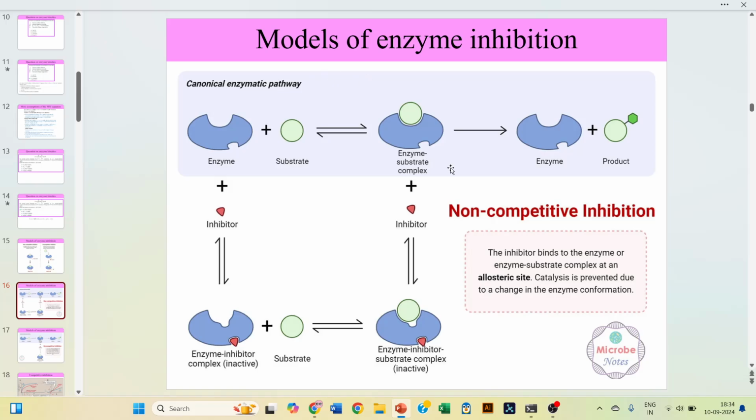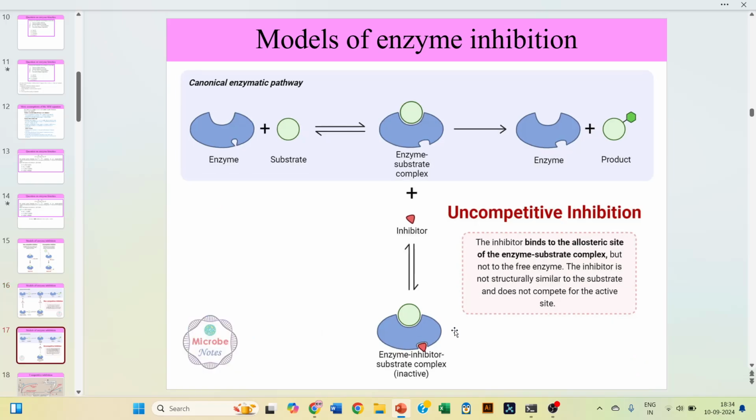This is your non-competitive inhibitor. This is enzyme, this is the substrate, and it can either be that the inhibitor is binding to the free enzyme, or that the inhibitor is binding to the enzyme substrate complex. Ultimately the inhibitor binds to the enzyme or enzyme substrate complex at an allosteric site. Catalysis is prevented due to a change in the enzyme conformation. So the product formation is not happening in both cases.